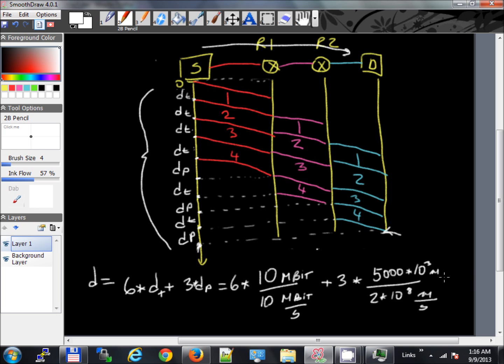And then our total delay becomes, when all these numbers are calculated, 6.075 seconds. That's our final result.